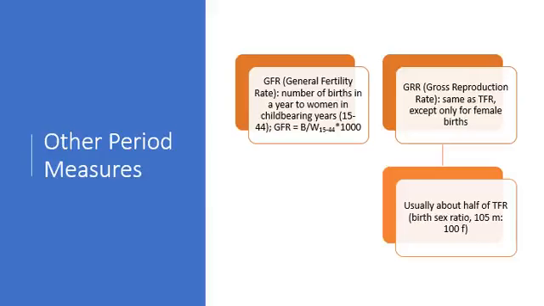The gross reproductive rate is another one that's perhaps less familiar. It's the same as the total fertility rate, but only focuses on those births that result in females, not males. So that's going to be about half of the total fertility rate. So it's about half of births result in females instead of males.